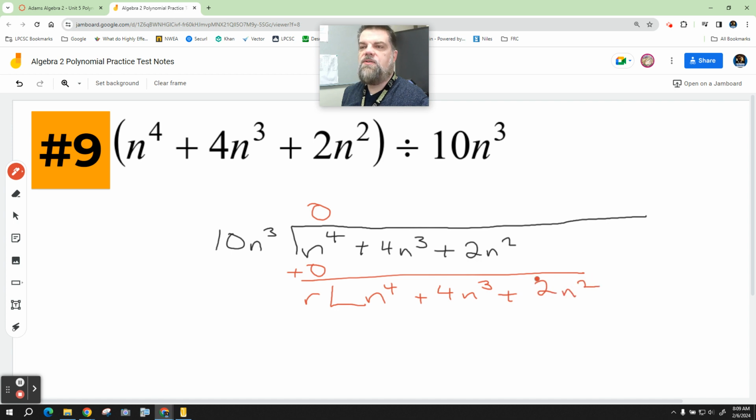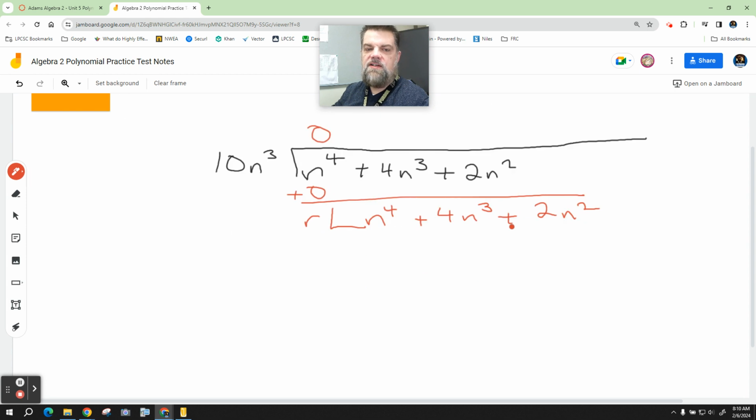Well, what do we do with the remainder? We put the remainder on top of the divisor. So what we would do is we would have n to the fourth plus 4n cubed plus 2n squared all over 10n to the third.